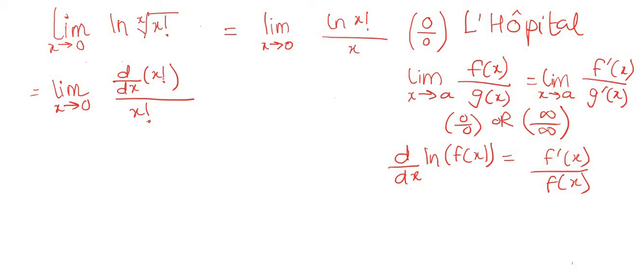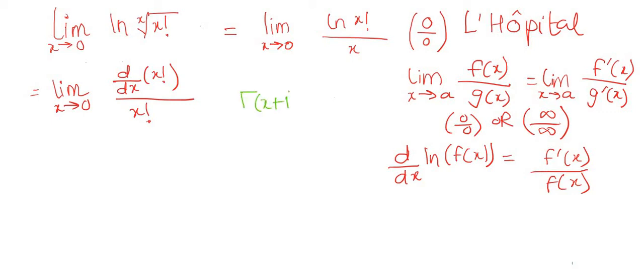Okay, moving forward, differentiating the factorial function is funny because it's a discrete function. It's defined for positive integers. We need something more continuous for differentiation. There is something known as the gamma function.